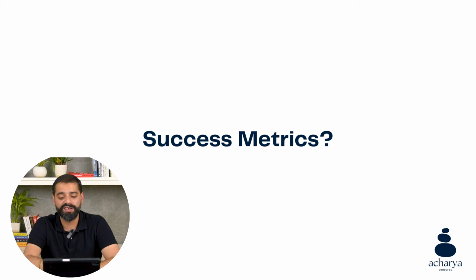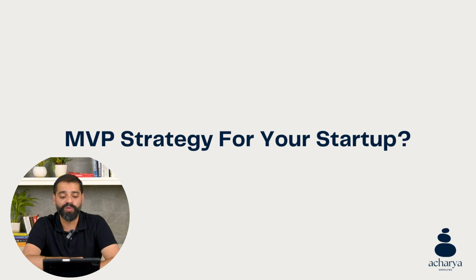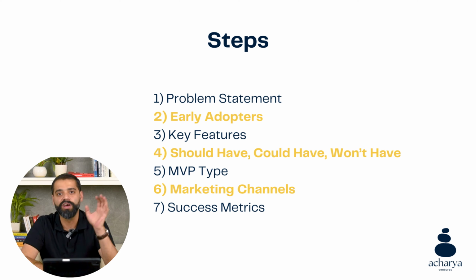Okay, so now you understand what it actually means to create an MVP for someone else's product. Let's understand what it's going to take, what's going to be the strategy for your product. So here are the steps that you want to follow. Define the problem statement. Understand who are going to be your early adopters.